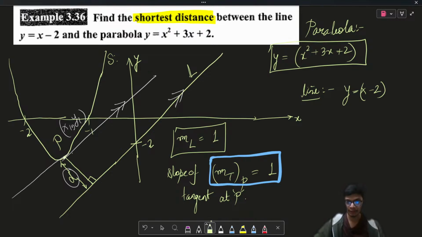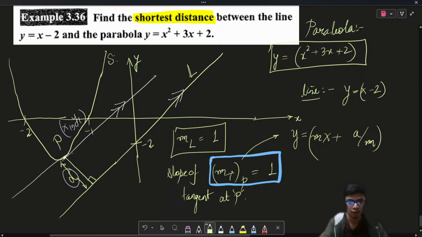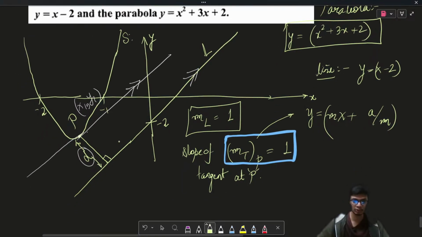Now, we know that the equation of a tangent in slope form is y equals mx plus a upon m, right? But for this kind of parabola, which is not very standard, let me use a differentiation approach, right?